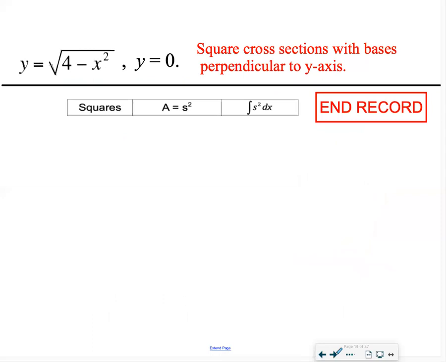All right, we're gonna do y equals square root of 4 minus x squared. Our boundaries at y equals 0, square cross sections with bases perpendicular to the y-axis now.